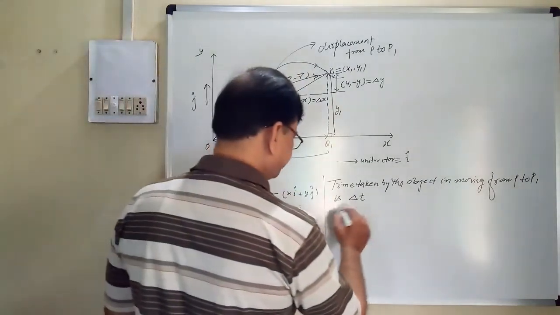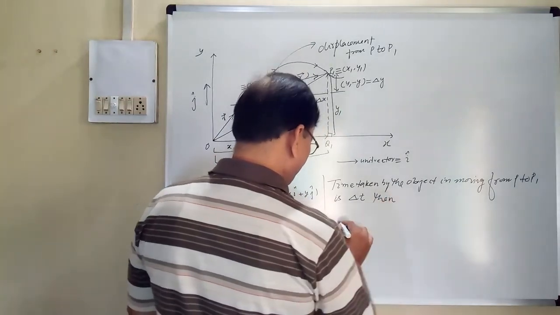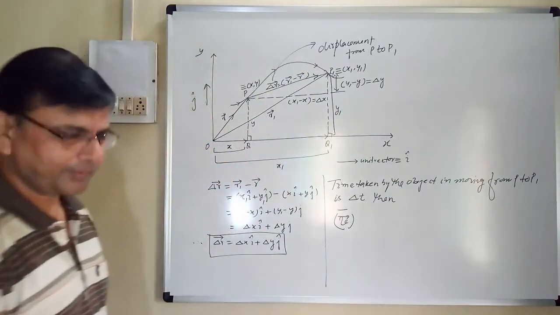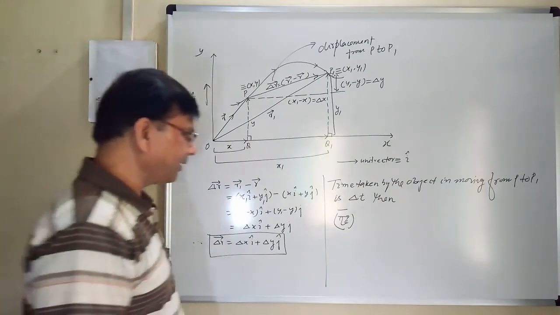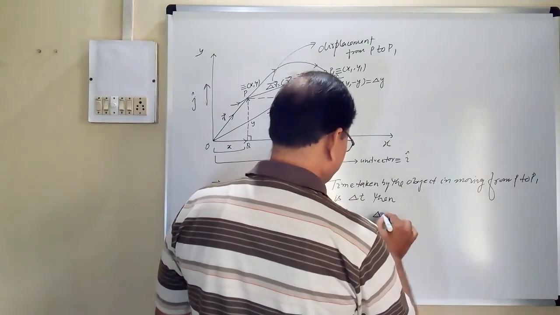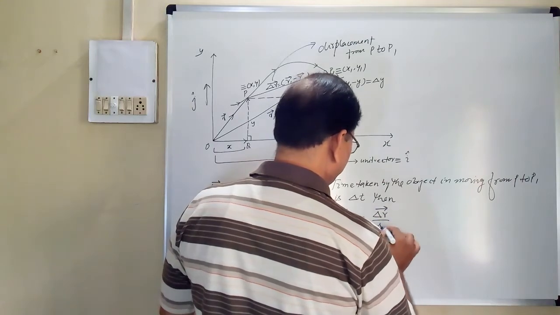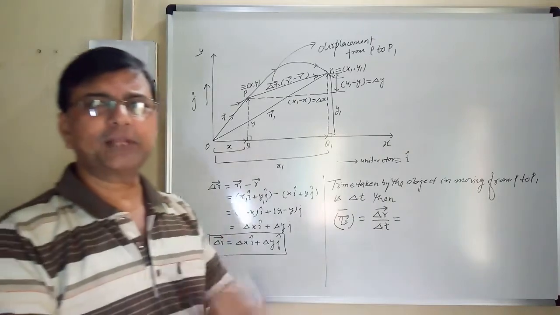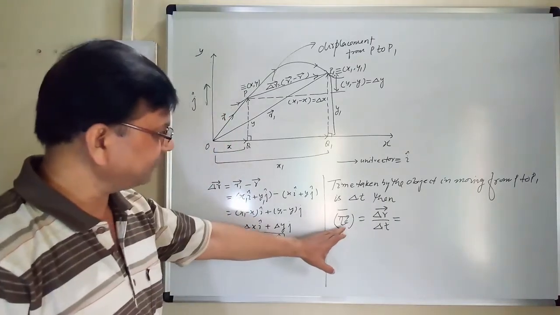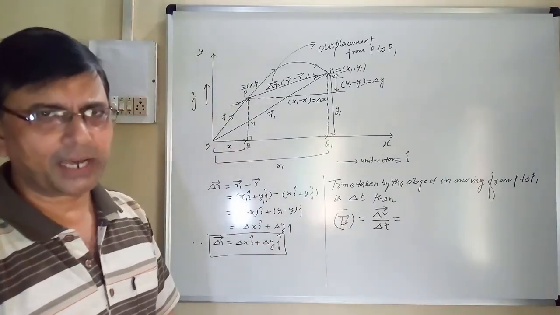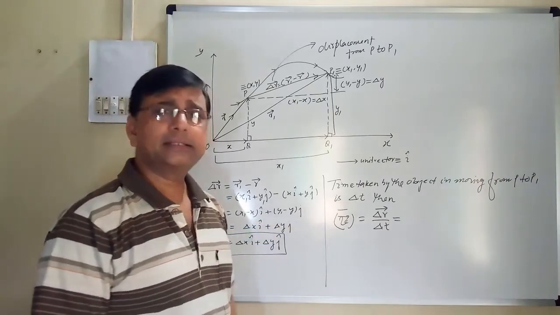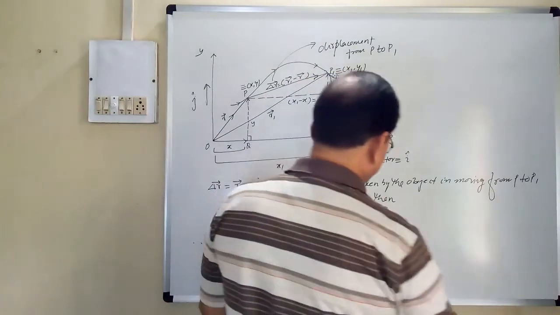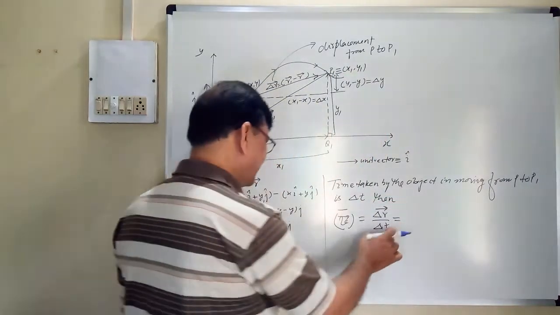Then the velocity vector, of course it is the average velocity, we will be getting delta R upon delta t, that is delta R vector upon delta t. That is the average velocity we are getting. So the velocity vector I have written with a bar at the top, called velocity vector bar, that denotes the average velocity, that is delta R vector upon delta t.